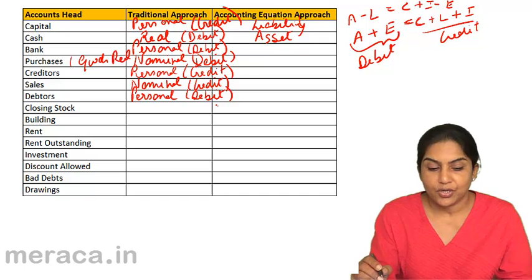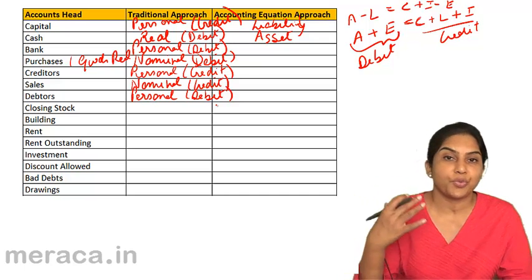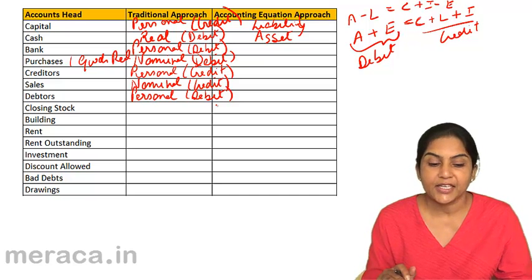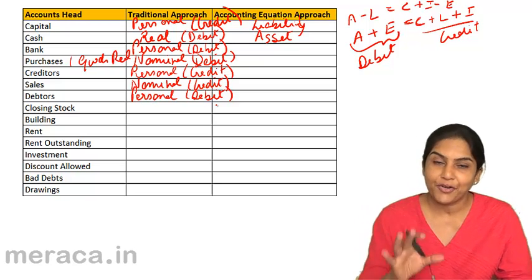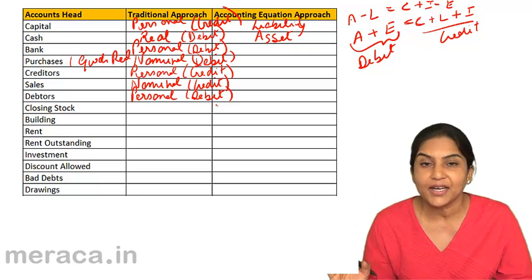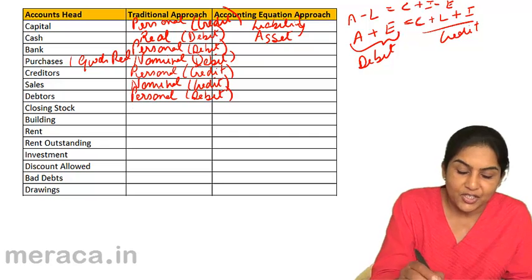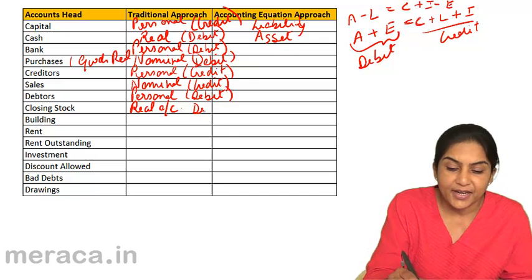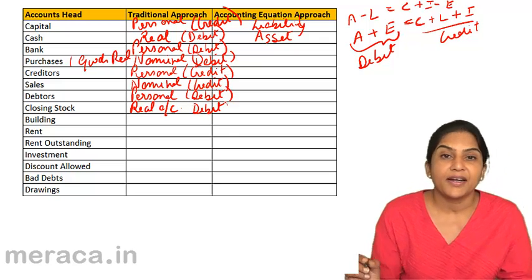Closing stock. What is closing stock? Goods which we have purchased but we were not able to sell in the current year. That is a closing stock. So the benefit of this expense, goods purchased, we will get only in the next year. So this is actually a real account. It is an asset, real account, and would actually be a debit.